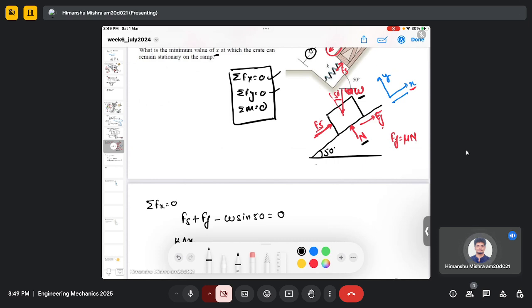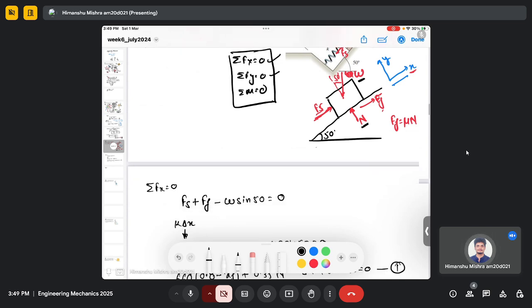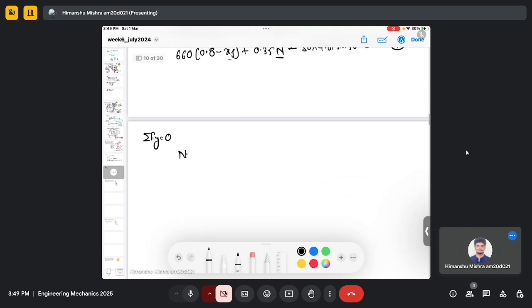These are the only two forces in the y direction. So it will be N minus W cos 50 equal to 0. So N equals mg cos 50. So this will give me N as 50 multiplied by 9.81 cos 50.